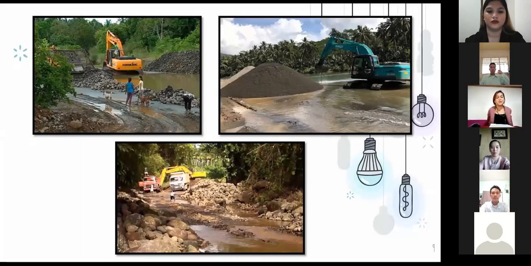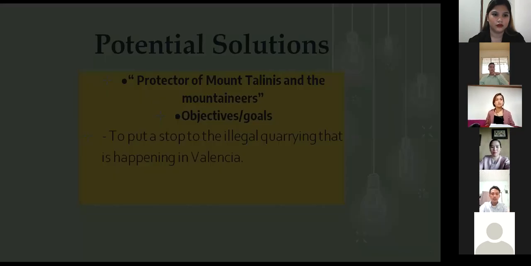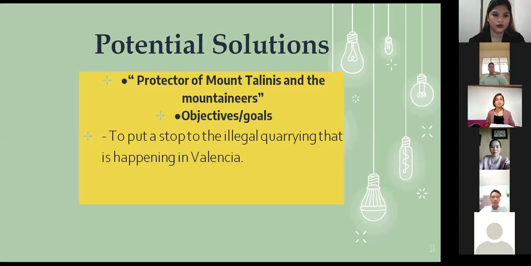These are some photos that have been taken in Valencia, examples of quarrying. Next slide. The organization that has been formed is the Protectors of the Mountains and the Mountaineers, to put a stop to the illegal quarrying that has been happening in Valencia.